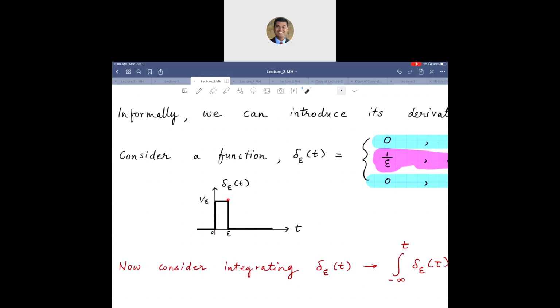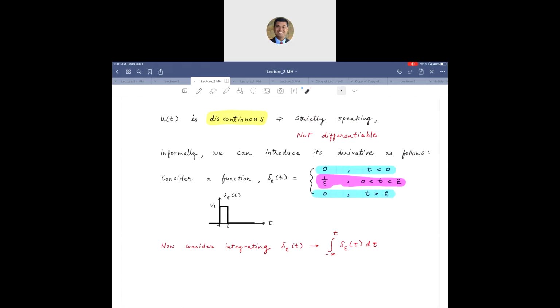It will increase to 1 because the area of the total rectangle is 1. And after that, to the right of epsilon, it will stay at 1. So it is 0 for time less than 0, increases to 1 between time 0 and epsilon, and stays at 1 after t is greater than epsilon. That's what happens when you integrate delta sub epsilon from negative infinity to some arbitrary stopping time.